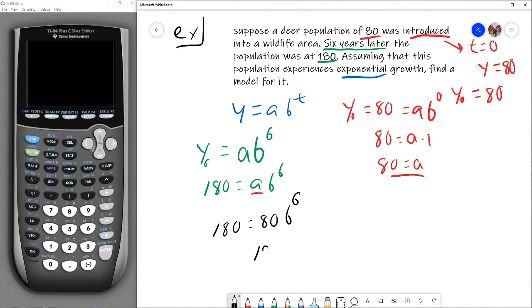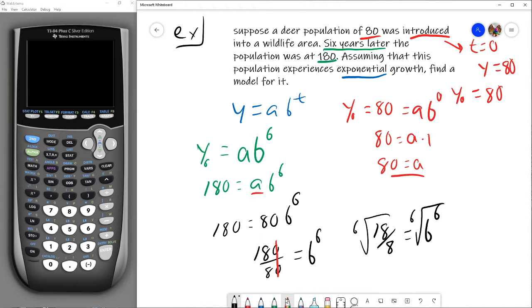So 180 over 80. We can simplify our lives a little bit by just crossing out the 0s. That has to equal b to the 6th. So 18 over 8 is equal to b to the 6th. To undo that exponent, we can just take the 6th root on both sides.